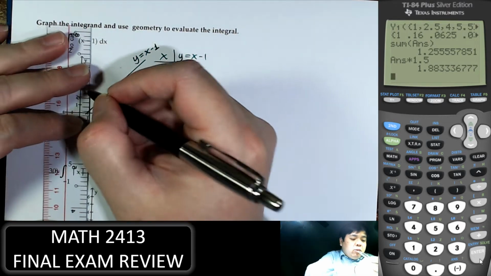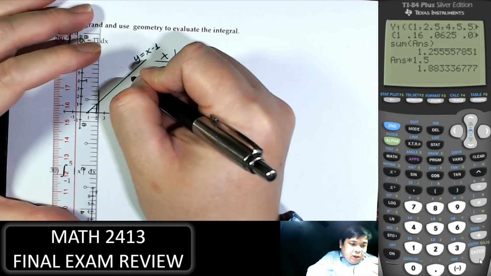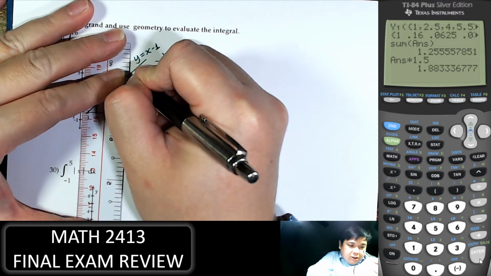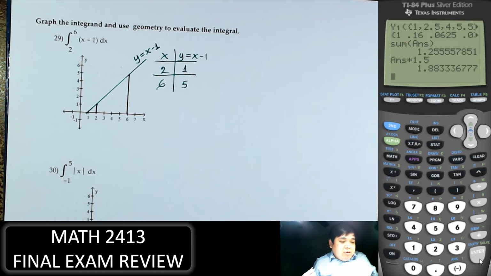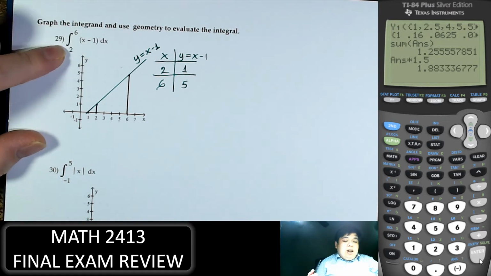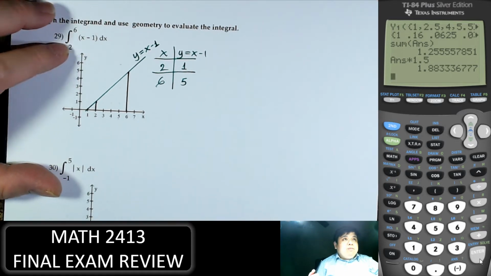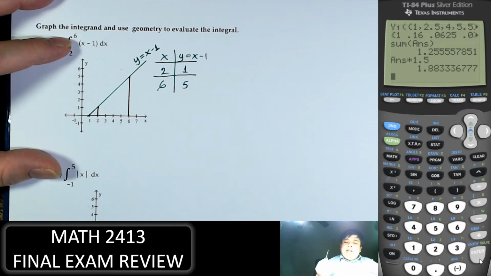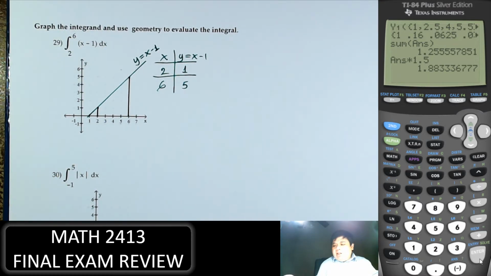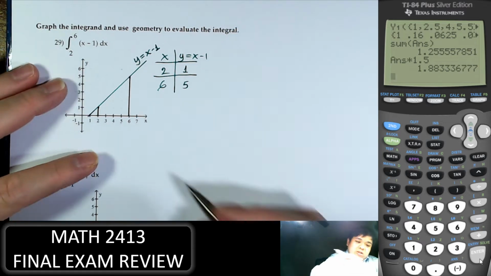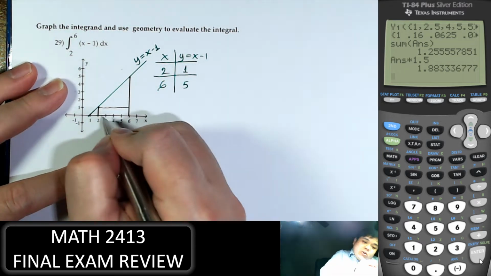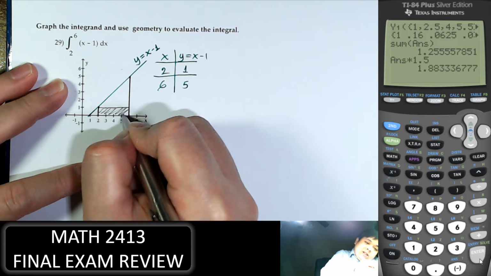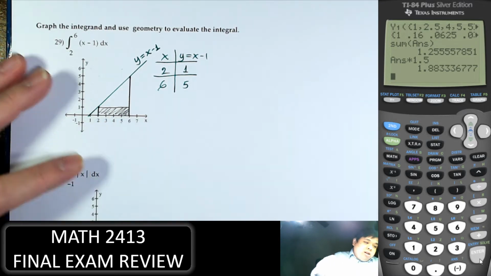And we evaluate from 2 to 6, and the area under the curve. That will give us the definite integral of x minus 1 from 2 to 6. So in that case, we just find the area using a rectangle and a triangle. We have a rectangle here, 4 by 1, so that is 4.